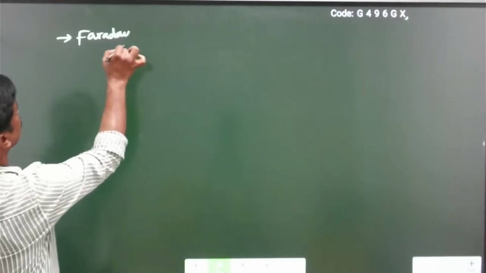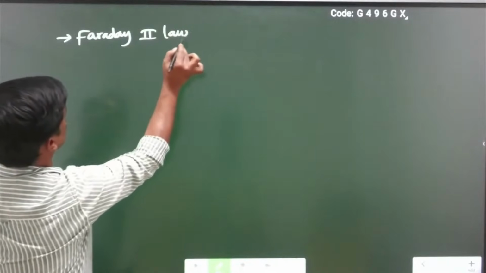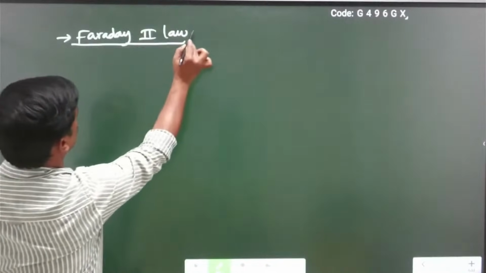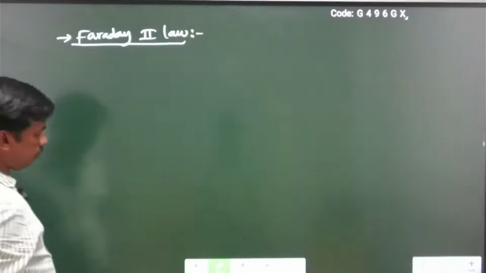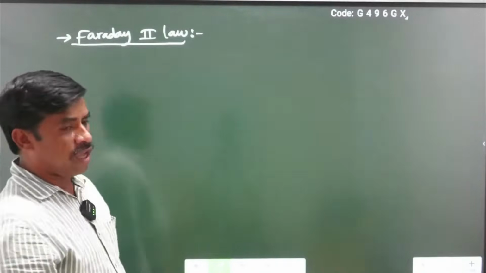Faraday's second law. Here is the statement of Faraday's second law.